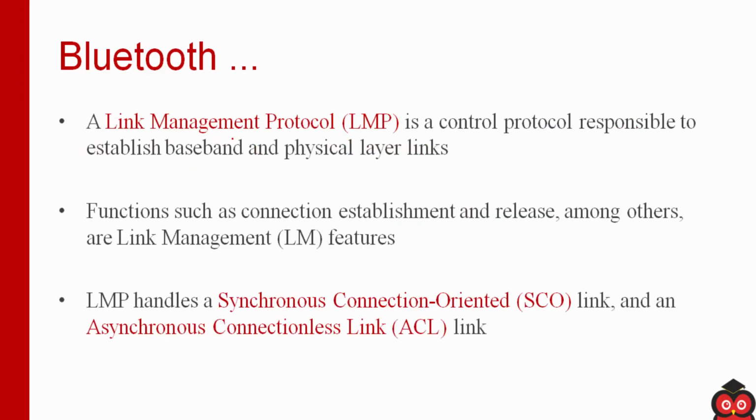If you remember, in the MAC layer we have two protocols: one is LMP, link management protocol, and another one is L2CAP. We will see that in the next slide. Now let's look at the role of LMP, the link management protocol, which is establishing physical layer links.